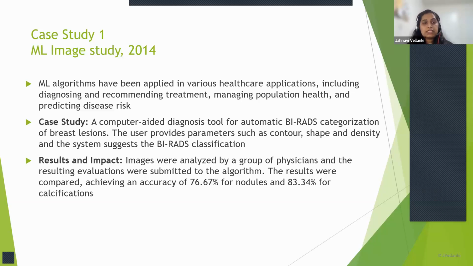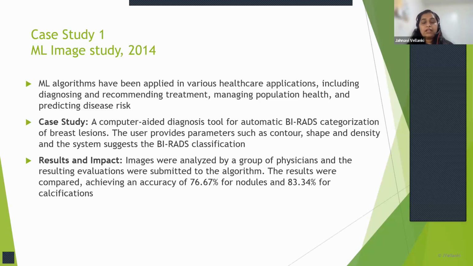So the study is about a computer-aided diagnostic tool for automatic BI-RADS categorization for breast lesions. The user provided the parameters such as contour, shape, density, and the system suggested the BI-RADS classification. The way they built the model was they trained the model with the BI-RADS standards, with the classification and data points.